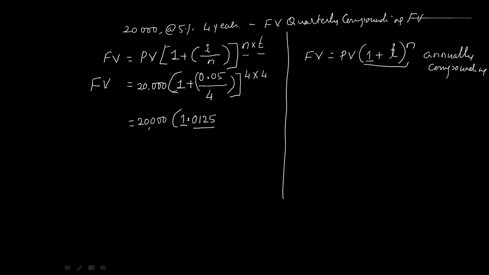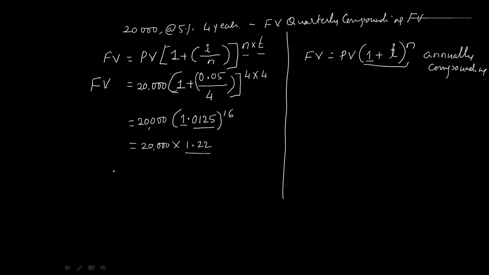At that time we get 1.0125. Complete the bracket. It is 16 times we need to multiply. Then we get the CVF as 20,000 multiplied by the CVF, which is 1.22. When we multiply this 1.0125 16 times, we get the CVF as 1.22.